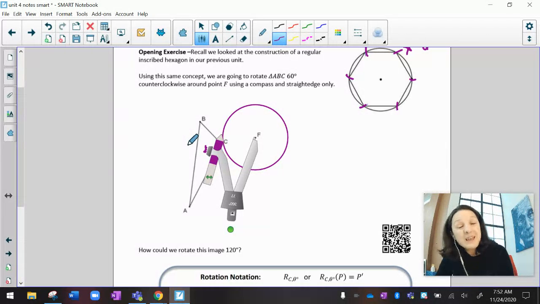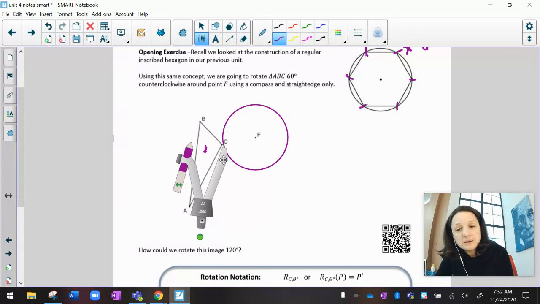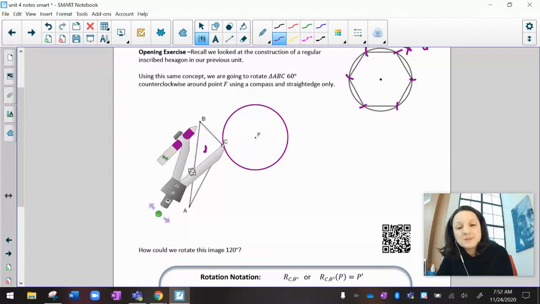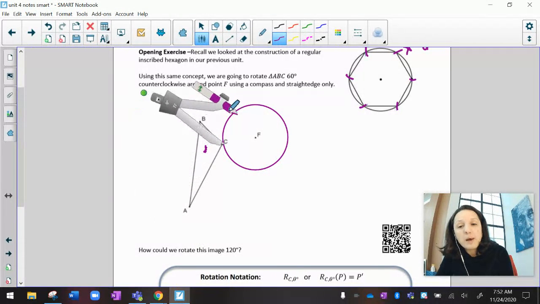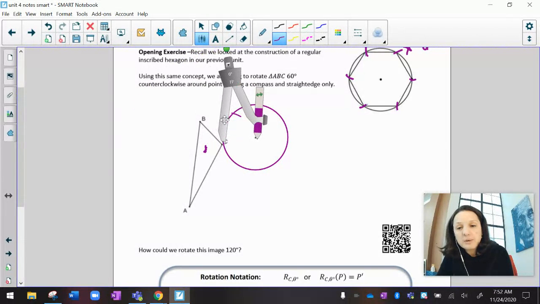Then, once I have my circle drawn, I'm going to move the pokey part from F to C, and I'm going to draw those 6 arcs around as though I'm about to make a hexagon. I'm not going to, but I'm going to pretend for a second that I'm going to make a hexagon.